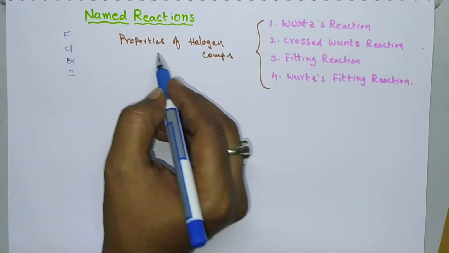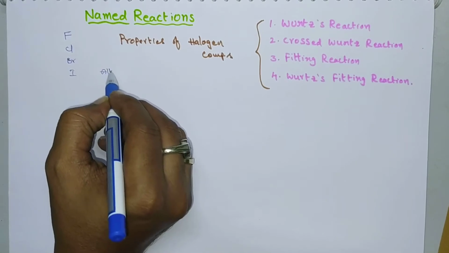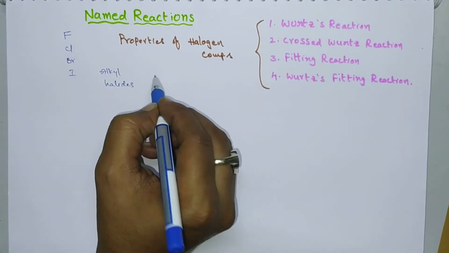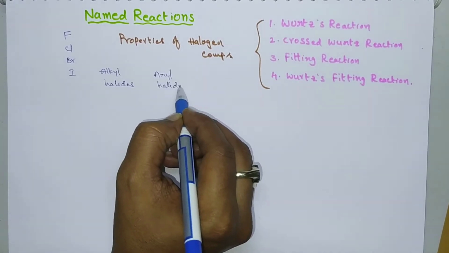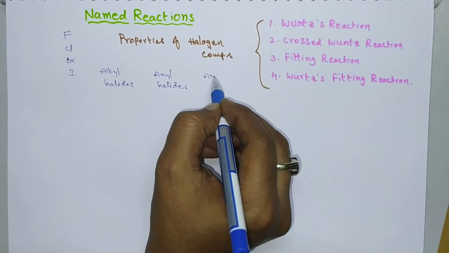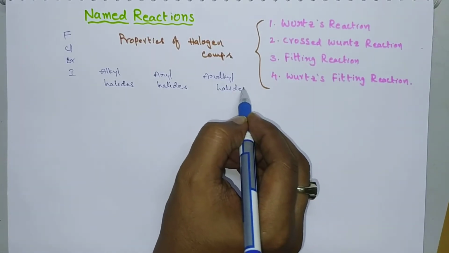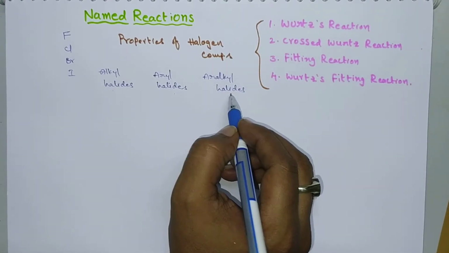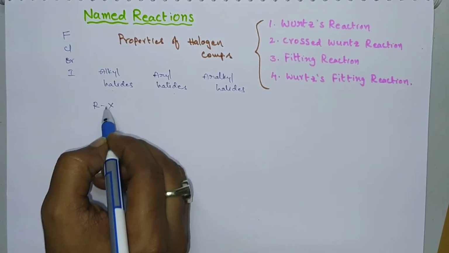These halogen compounds are further classified into several types like alkyl halides, aryl halides and aralkyl halides. Alkyl halides have the general formula RX.